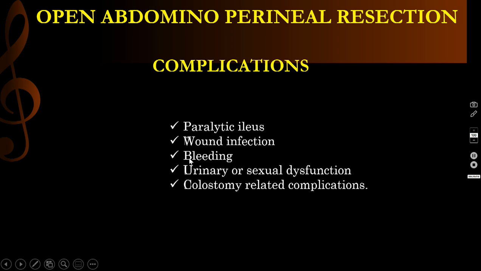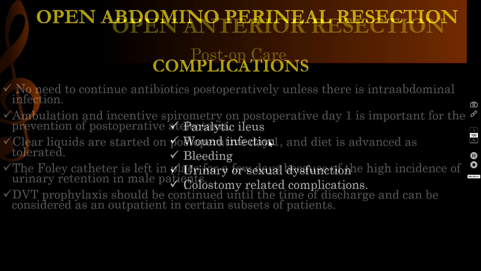During the dissection, you may injure the urinary bladder or the prostate or the urethra, or in a female patient, you may even injure the vagina, that results in sexual dysfunction, or patient may develop some colostomy related complications like retraction or protrusion of the colostomy. Or parastomal hernia, all these things can happen.